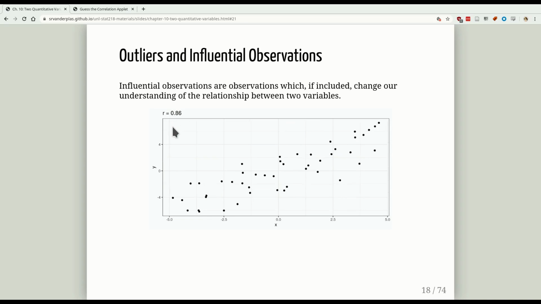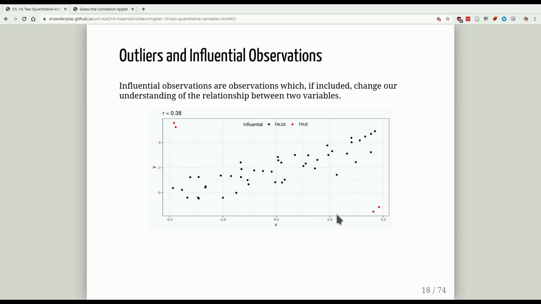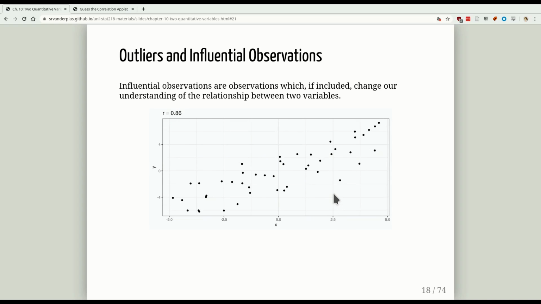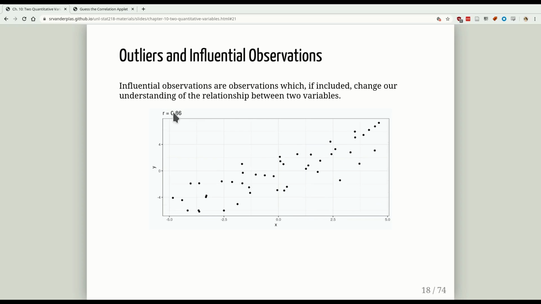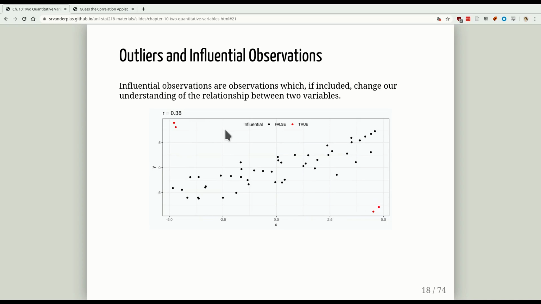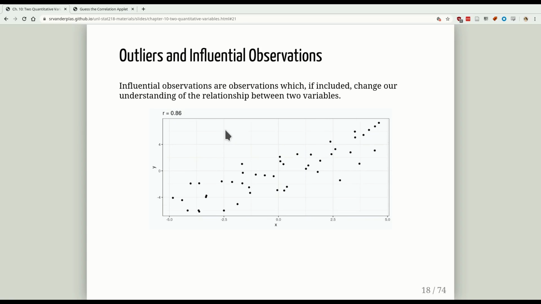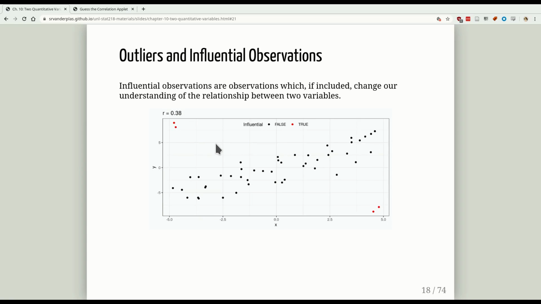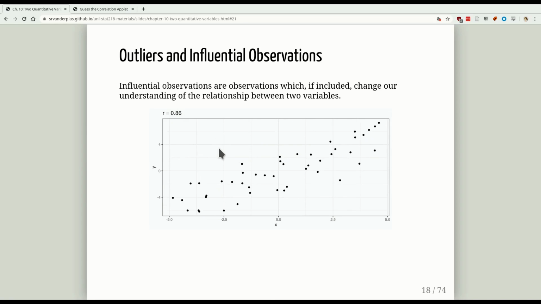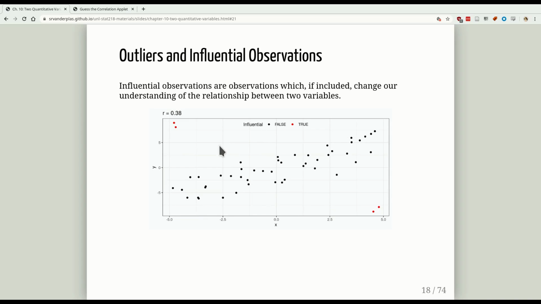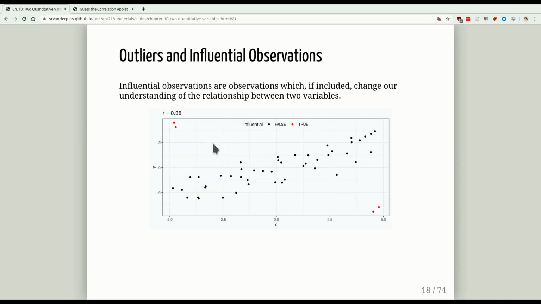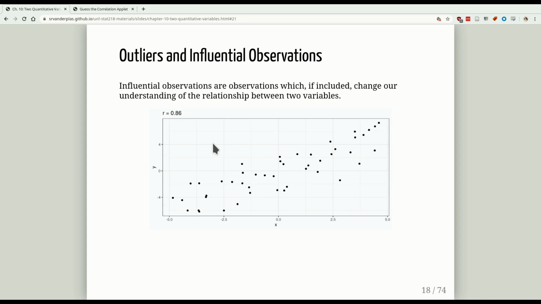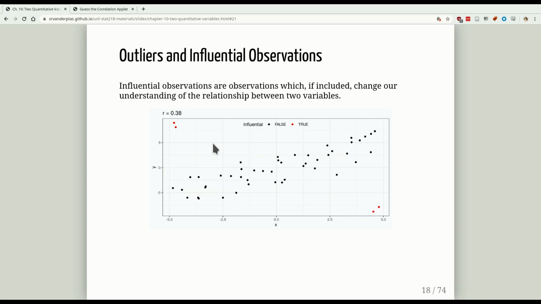So these high influence points are, as you might guess from the name, having an outsized influence on the mathematical relationship between x and y that we're computing here. Alright, so the book's definition of a high influence point is a point that will change what we think the relationship between x and y might be.